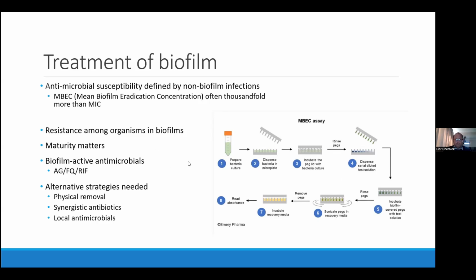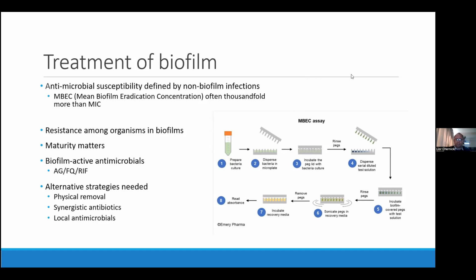There's the potential for resistance, especially given that you may well develop subtherapeutic levels of antibiotics within the biofilm, which may promote resistance. And maturity matters. The longer you leave it, the harder it is to eradicate. Now, we know that there are so-called biofilm active antimicrobials, and aminoglycosides, fluoroquinolones and rifampicin are some examples of antibiotics which classically are associated with better response for biofilm treatment, and those become an option.